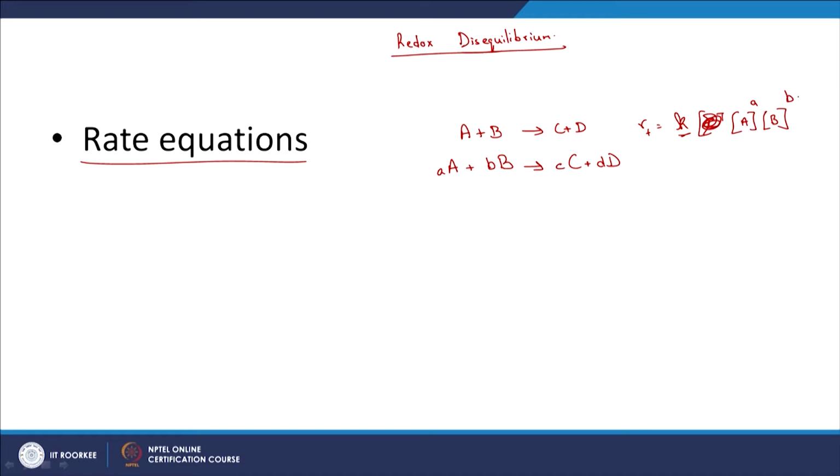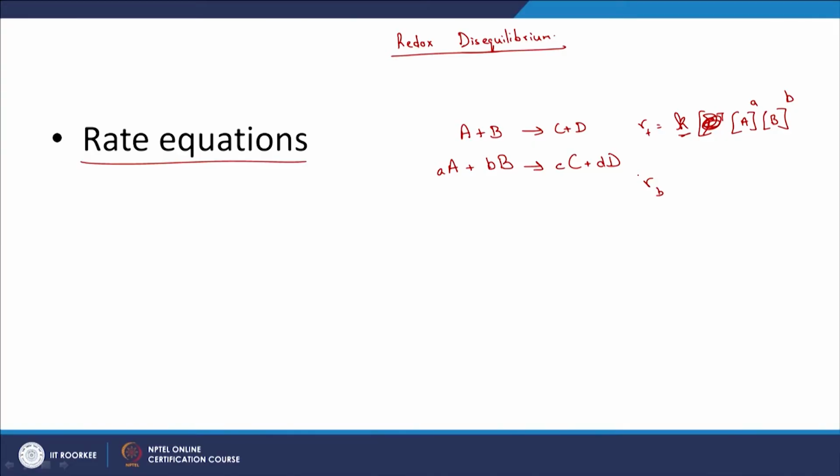The take home message is that the rate of the relevant reaction depends only on the reactants and not the products. If you are looking at the backward reaction, you will have R backward equal to K backward times C to the power of c.